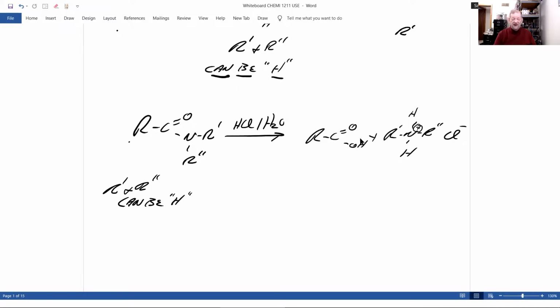And R prime and R double prime, actually R2, but I'm not going to ever do that on a test. But R prime and R double prime can, in real life, one or both, or none can be hydrogen.